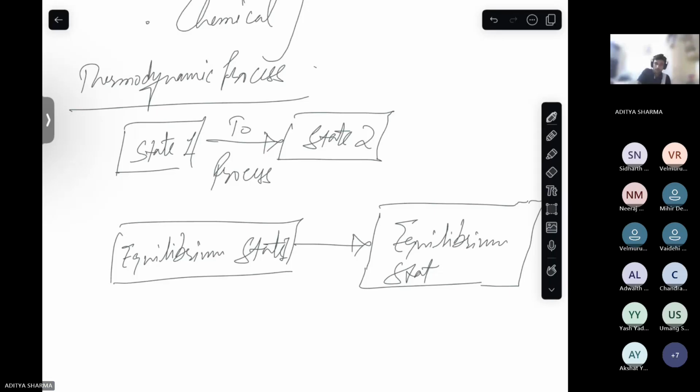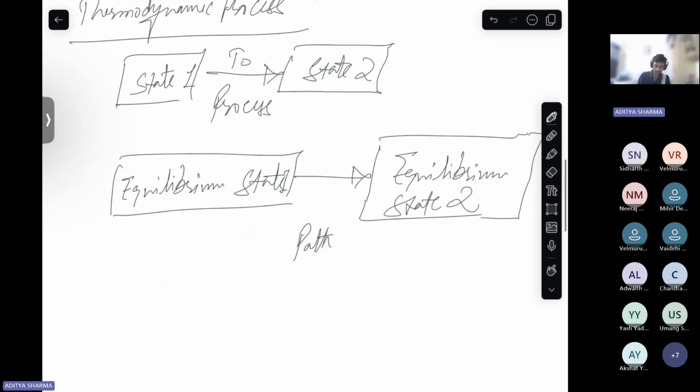The path that it takes to change from equilibrium state 1 to state 2 is called a path, right? So a path comprises of what? Different states.